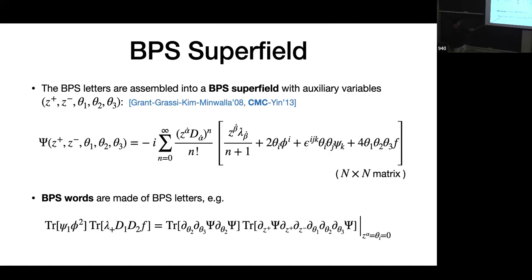Recall that all these letters are matrices, so you can consider matrix products of them and then take a trace, and then they will be gauge invariant. And it's very easy to translate this gauge invariant combination to the language of the superfield. Basically, we take some z or theta derivatives to pick up some particular components.